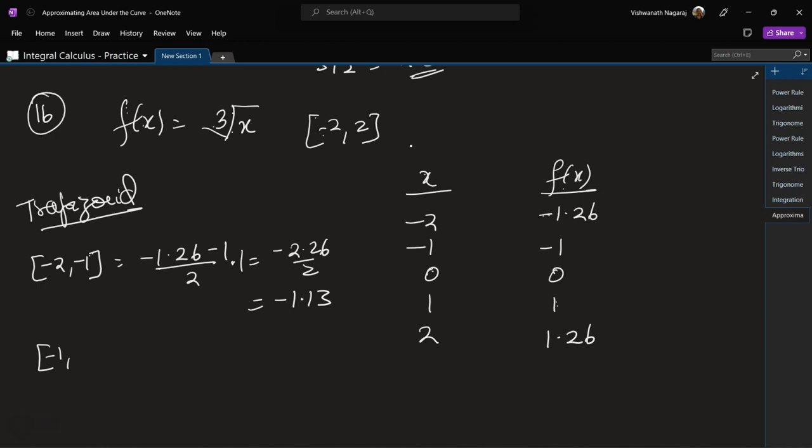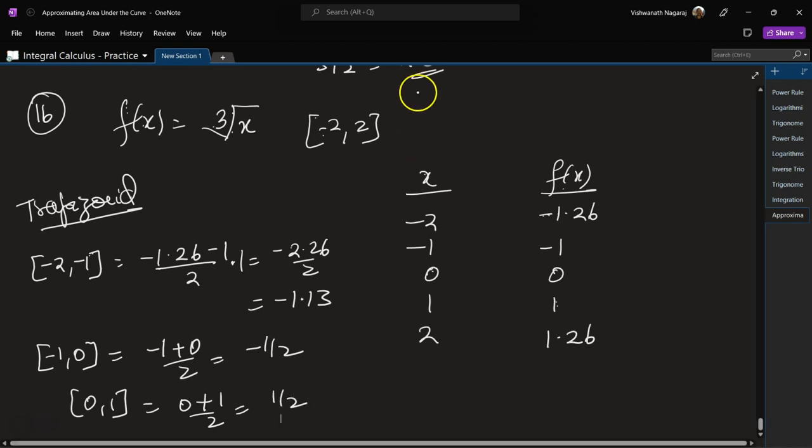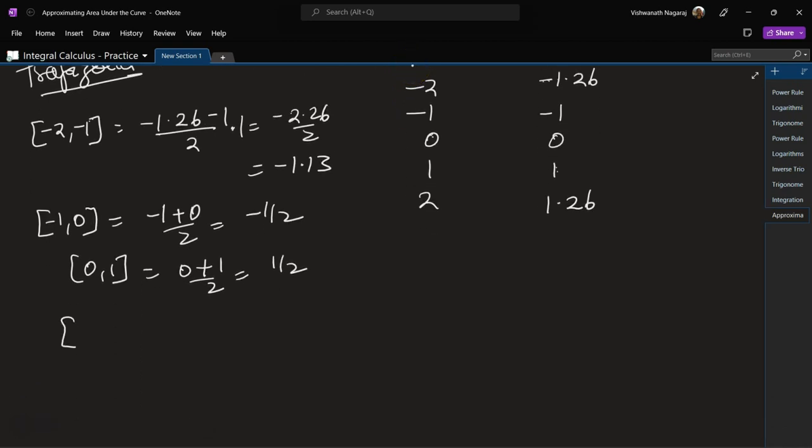Again, minus 1 to 0 will give us (minus 1 plus 0) by 2, which is minus 1 by 2. 0 to 1 would be (0 plus 1) by 2, which is 1 by 2. And from 1 to 2, it would be (1 plus 1.26) by 2, which is 2.26 by 2, which is 1.13.